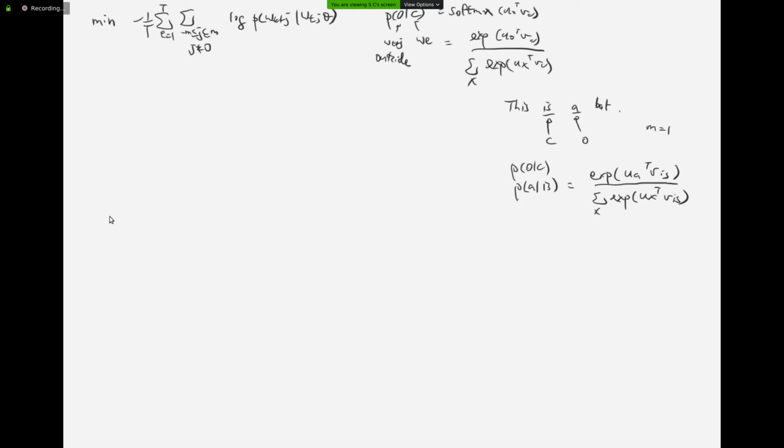Now, of course what I want is to minimize the total cost, right? As I mentioned, I should iterate one word at a time all the way to the end, and each time I look at the sum over the log conditional probability of the outside word given the center word.